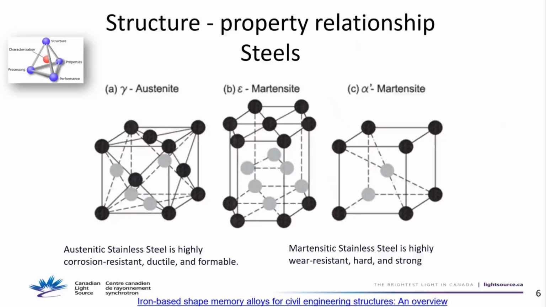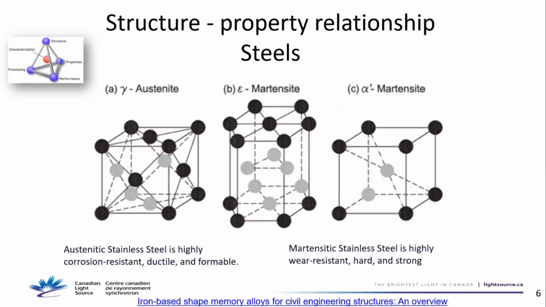Austenitic steel is very good for corrosion resistance, formable, ductile, but martensitic steel is good for wear resistance, is harder, stronger. And it's just because one is FCC and the other is BCC. It makes a big difference.